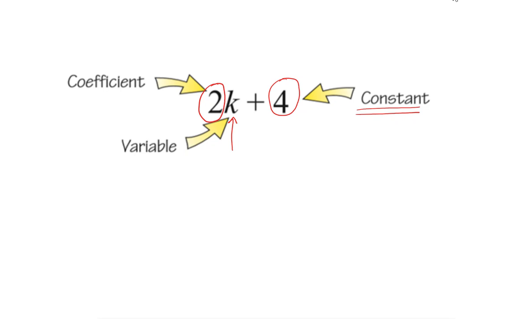Any number not joined to a variable is called a constant, like 4 here. 4 is both a coefficient and a constant. We say constant because its value doesn't change even if the value of the variable changes.